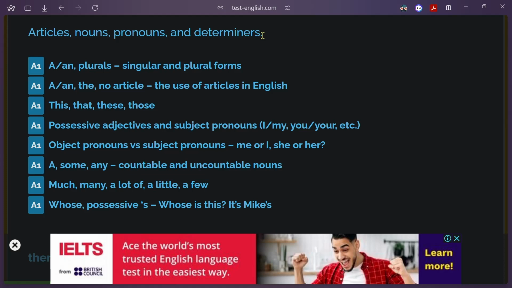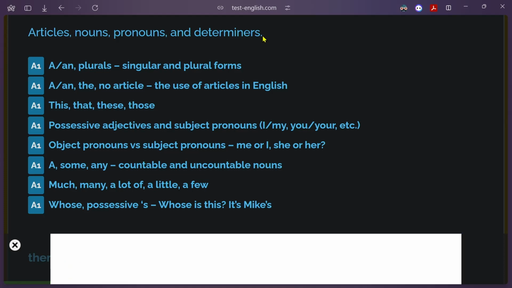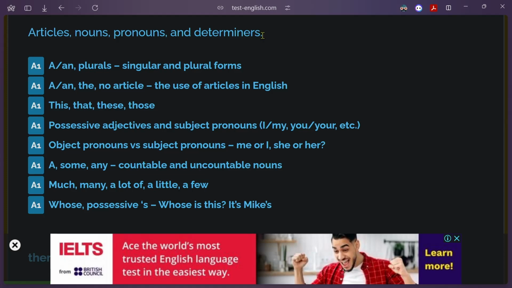The meaning of the sentence is not too affected by the articles. It sounds strange without or with wrong articles, so we have to work on this, but there are other things which are more important. Nouns, pronouns, determiners.